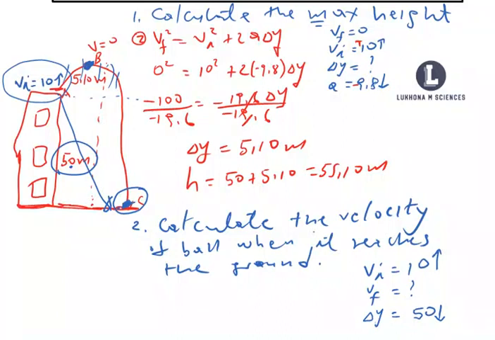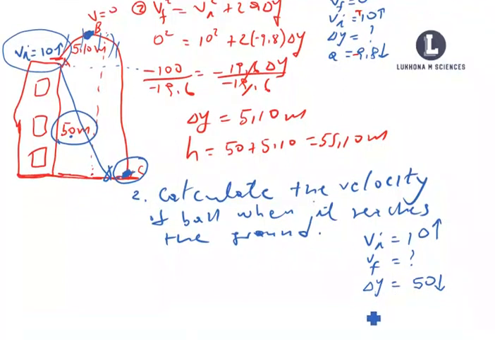We also know the acceleration, that is 9.8, always downwards. Don't forget that when you are collecting data, you must have 4 quantities. So we have 1, 2, 3, 4.